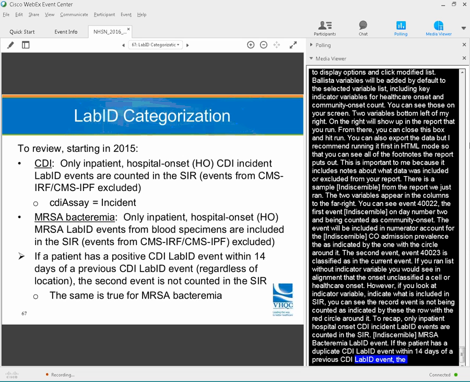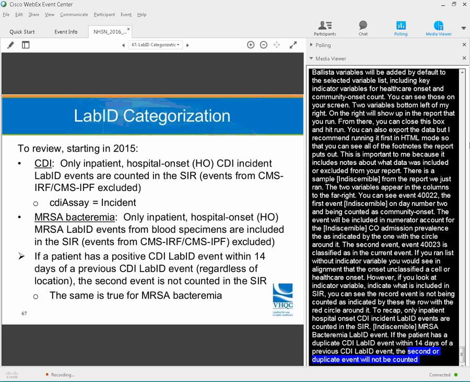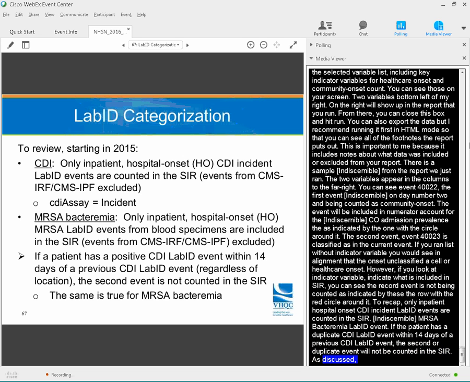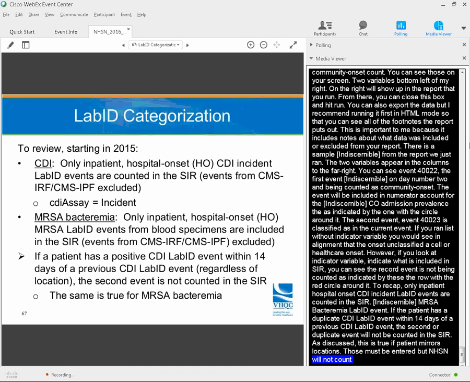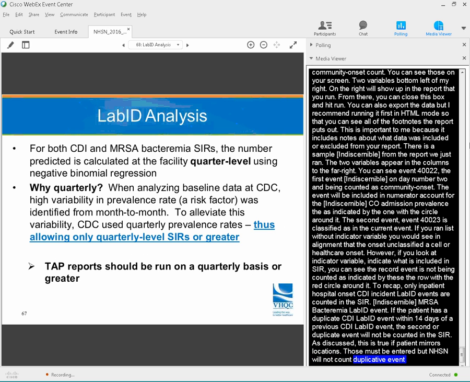As discussed, this is true even if the patient moves location. Both events must be entered, but NHSN will not count the duplicate event from the second location in your hospital's SIR. And again, the same logic applies to MRSA bacteremia lab ID events.